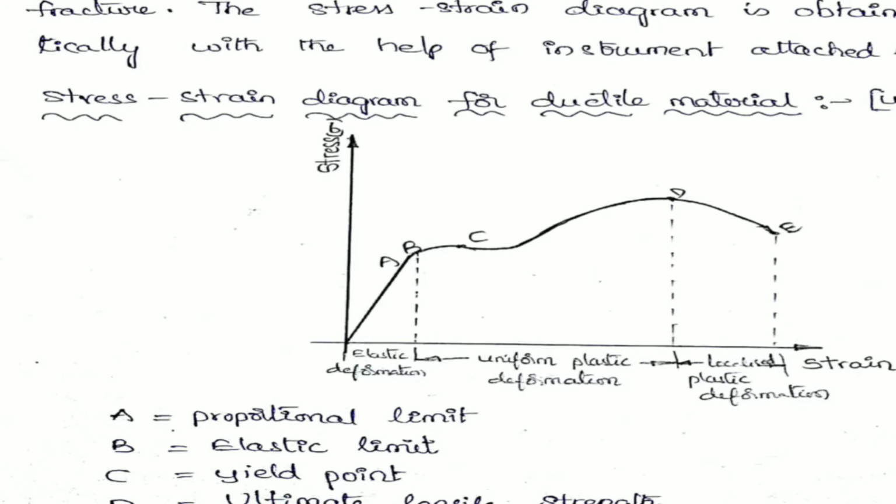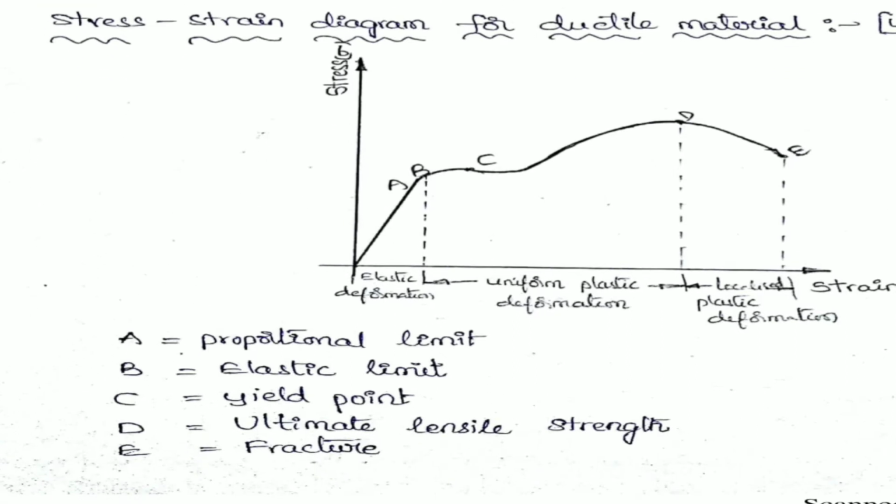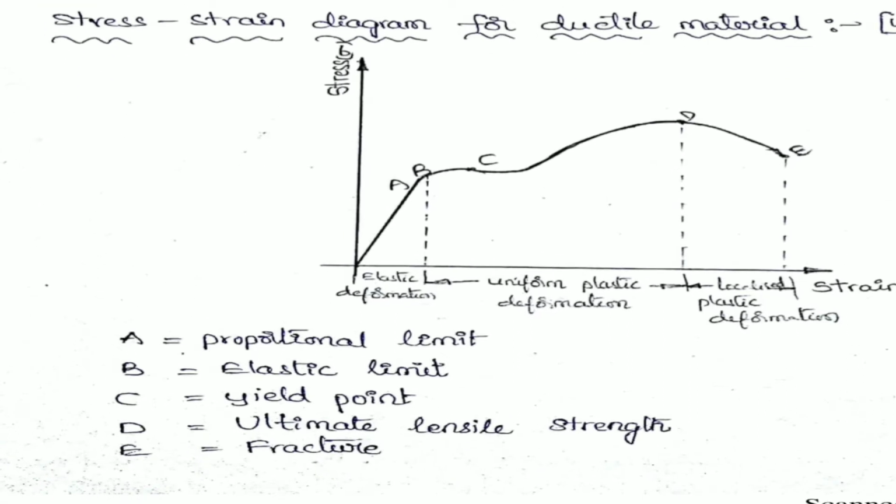Here A, B, C, D and E are marked. A is the proportionality limit, B is the elastic limit, C is the yield point and D is the ultimate tensile strength.